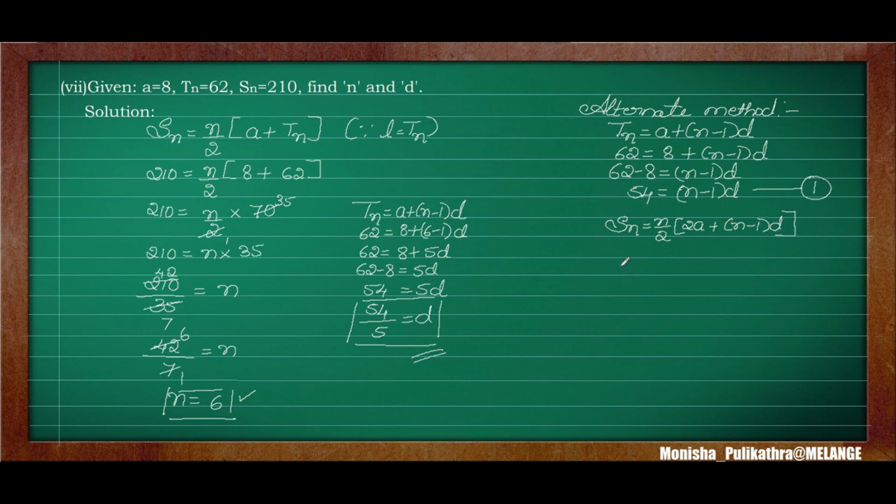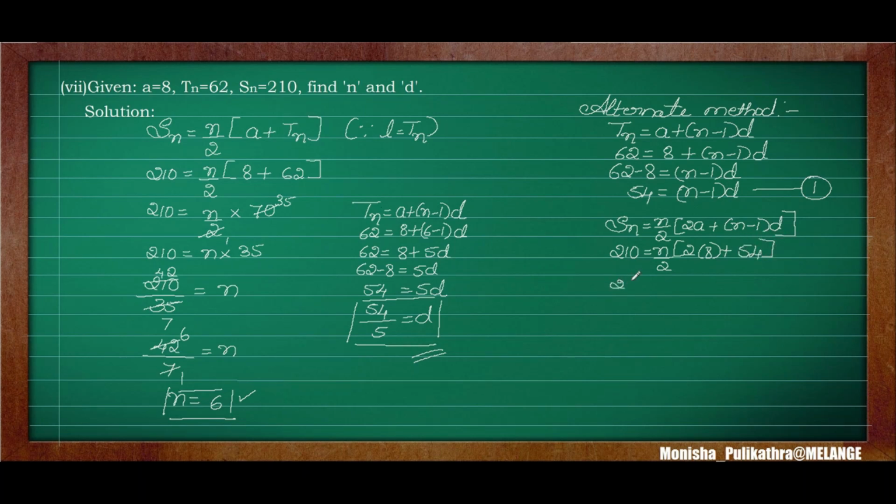So the value for Sn is 210, equal to n by 2 into 2 into a, which is 8, plus, from equation 1 you can notice here n minus 1 into d is 54. So we can substitute 54 in the place of n minus 1 into d. Substitute it.